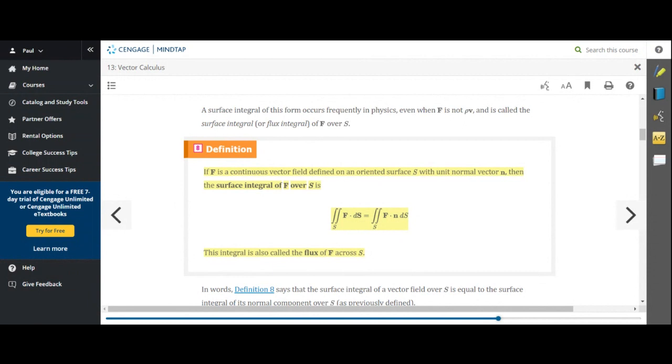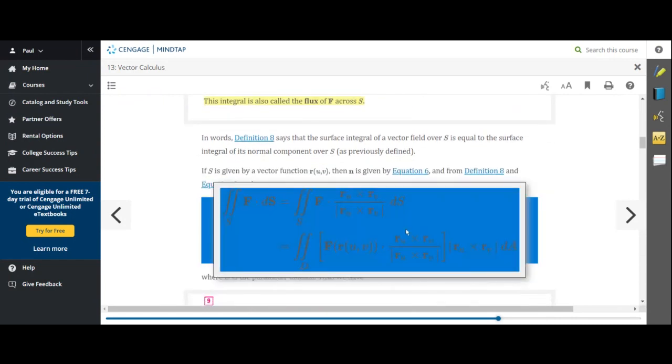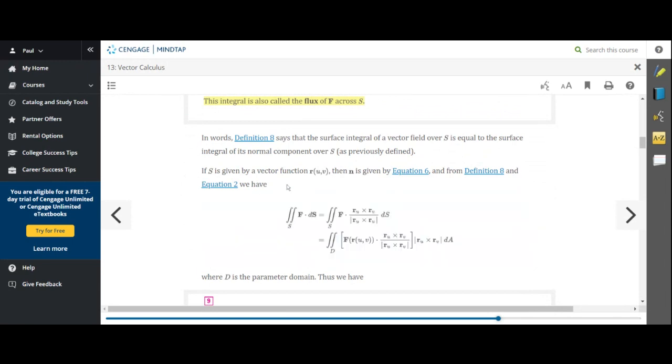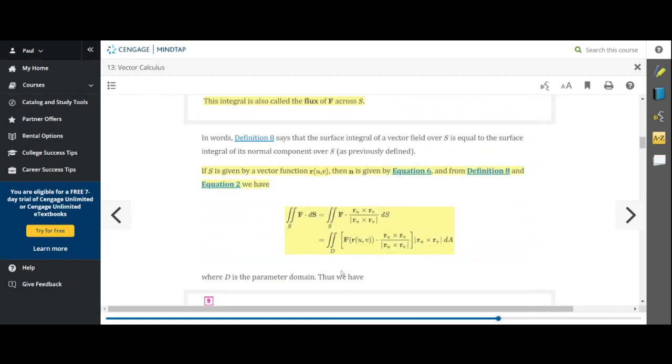Well, all right, how are we going to compute this flux integral? Let me highlight this here. Of course, the surface S is swept out in three-dimensional space by the vector function R of u and v.